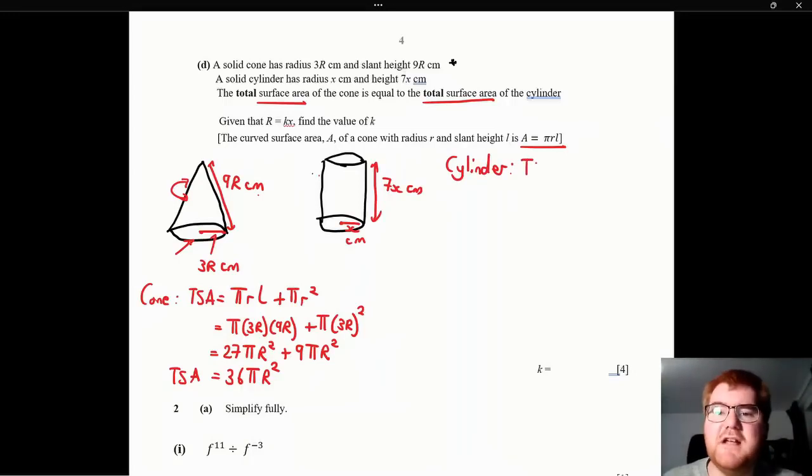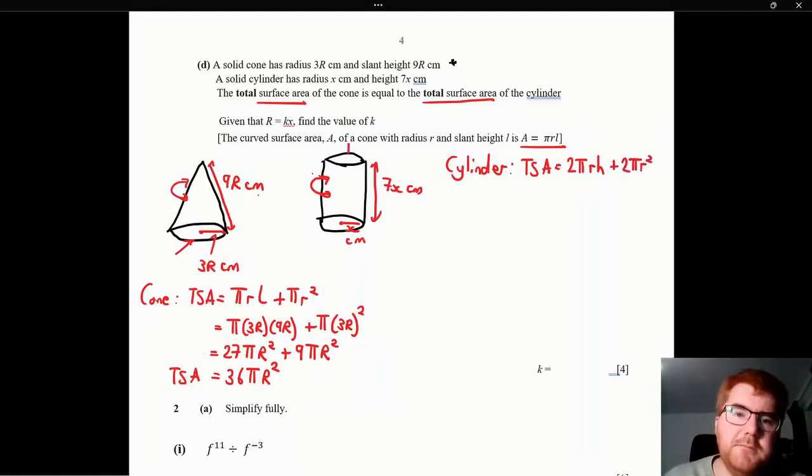Now let's take our cylinder over here. So the total surface area of a cylinder, you may have learned a formula off by heart for this. Generally, I tend to write it as 2 pi r h. So that's the curved surface area, this one here, plus 2 pi r squared. So that's the top part of the circle and then the bottom circle as well.